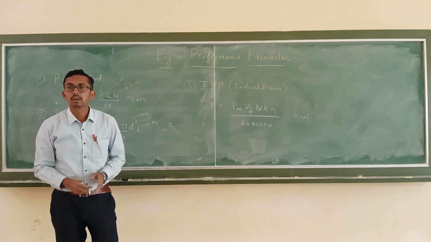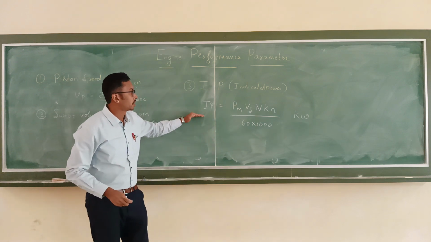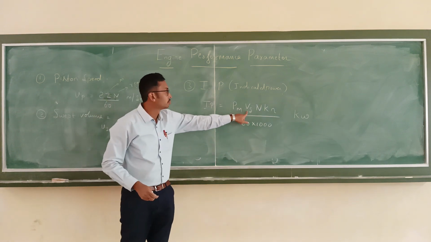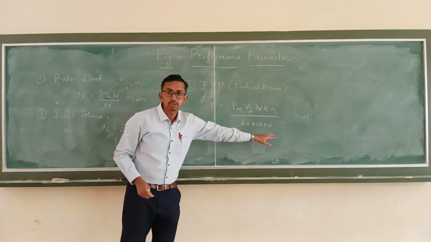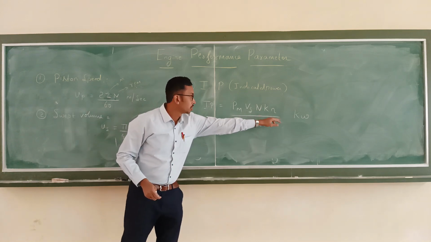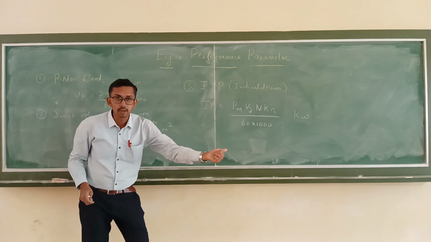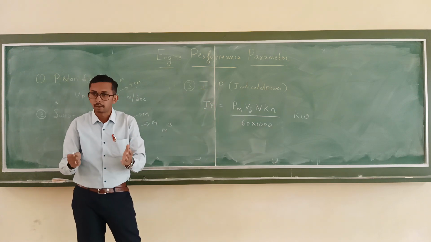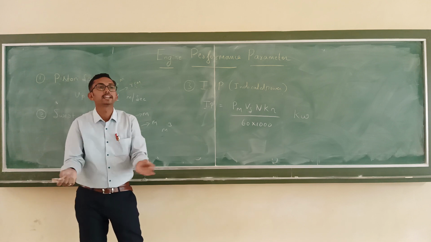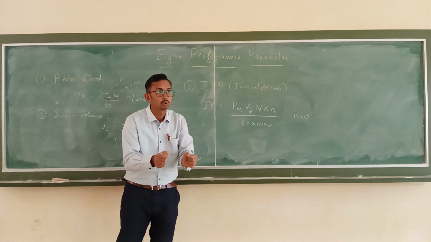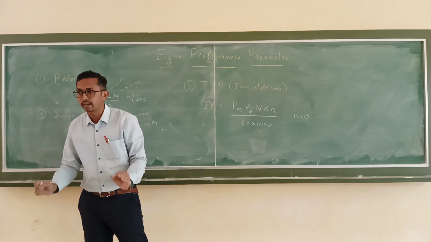Is it clear? So what is the unit of indicated power? Kilowatts. What is the definition of indicated power? It is the power generated inside the cylinder due to the combustion of fuel.